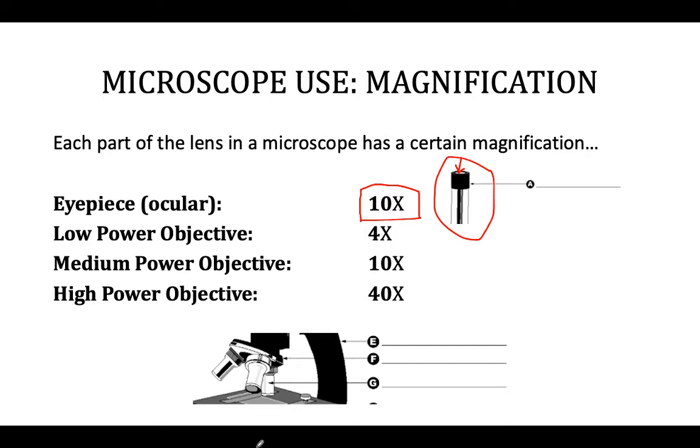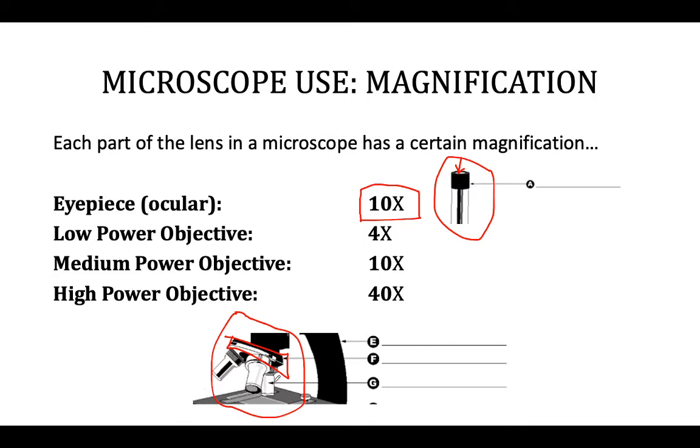Okay, the second part of the microscope that I want to talk about is this section right here. This is where the rest of our lenses are. It's held on by this section right here, which is our revolving nose piece. That allows you to turn between the different objective lenses that are there. In this picture, it's hard for you to tell which is low, which is medium, which is high. But in person, it's actually quite easy because the smallest one is low, the medium one is medium, and the longest one is high.